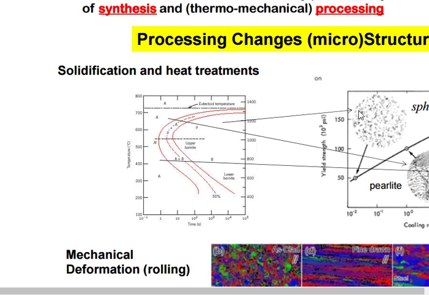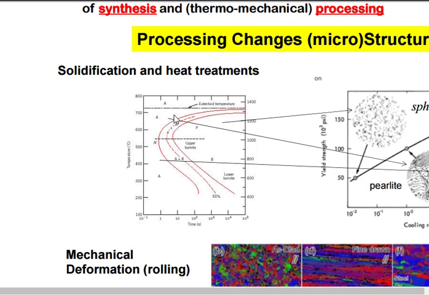From here, what will be the structure? From here, what will be the structure? From here, what will be the structure? For these three different parts, the structure is shown, and accordingly its mechanical properties compared with the cooling rate.